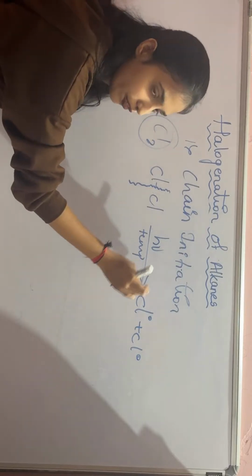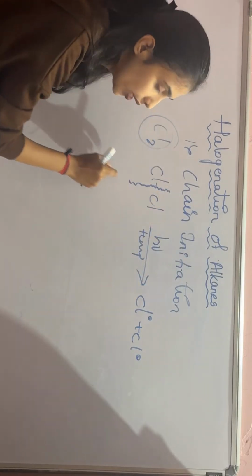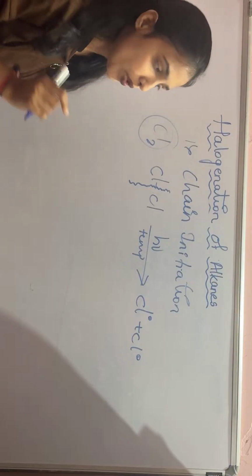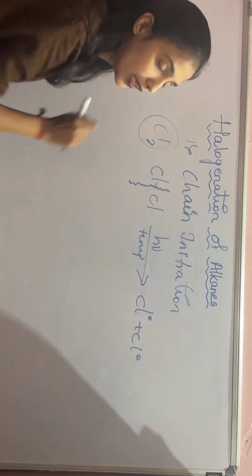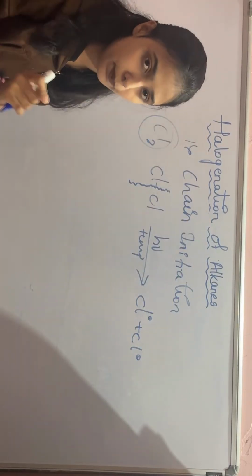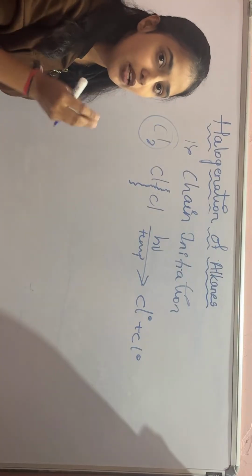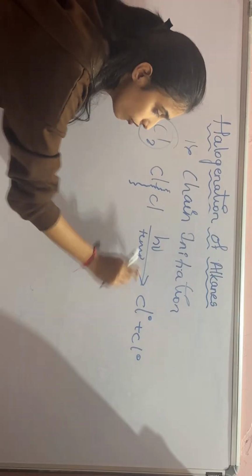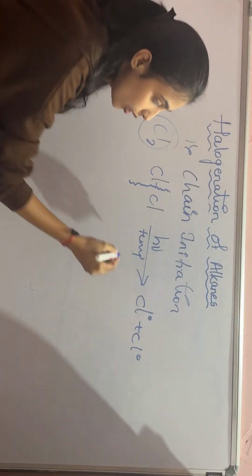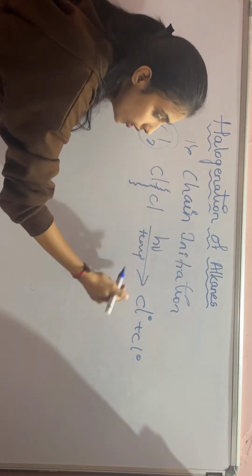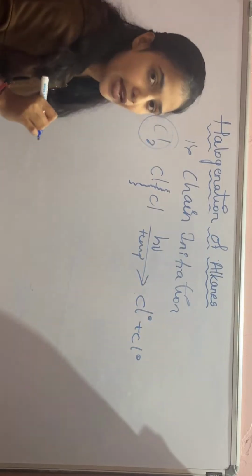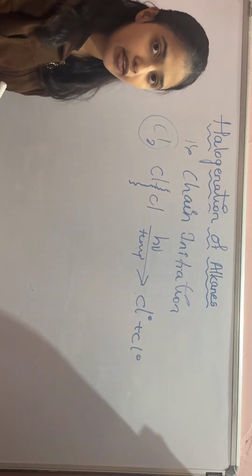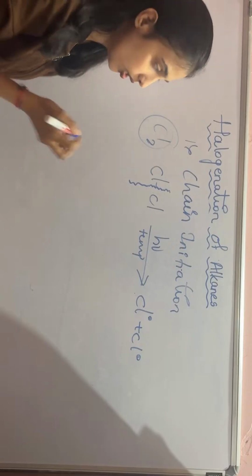So we are getting the radicals of chlorine just by the homolytic cleavage of our Cl2, and that is the entire chain initiation step. Chain initiation is just beginning the chain by the homolytic cleavage. That's why I told you halogenation of alkanes is a free radical reaction, because here so many free radicals are going to form.